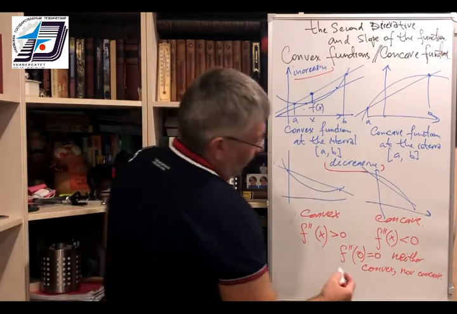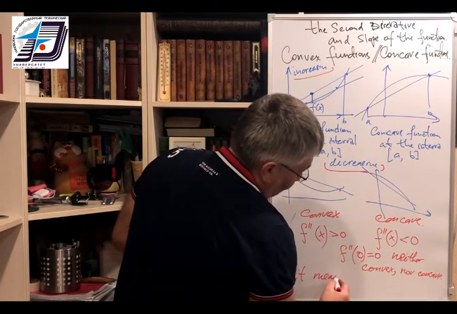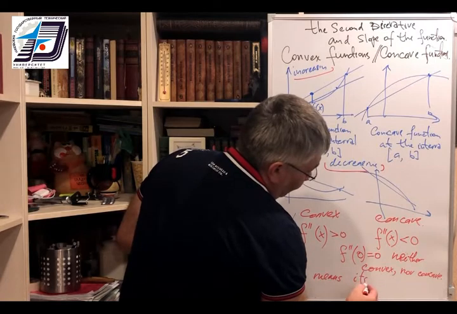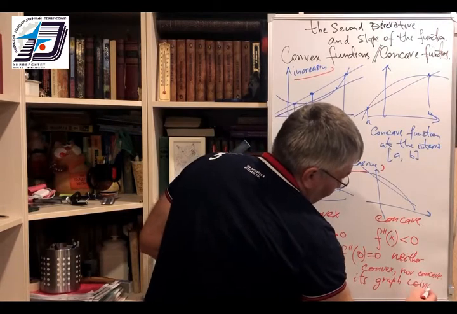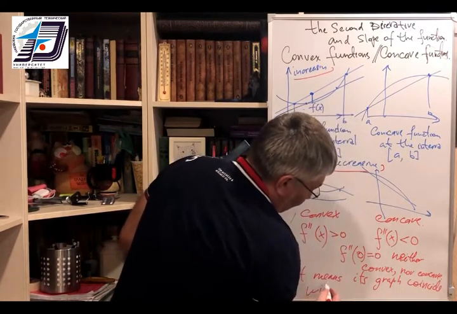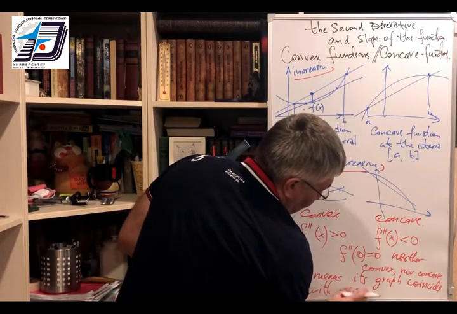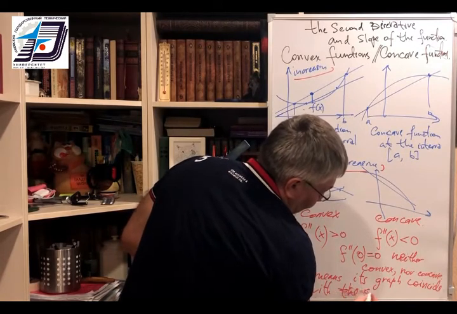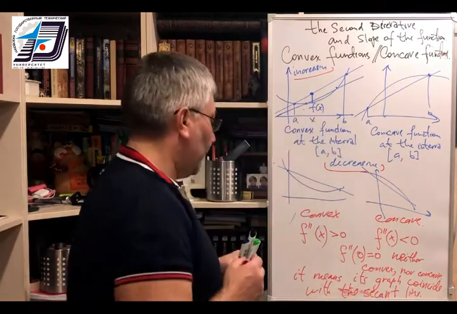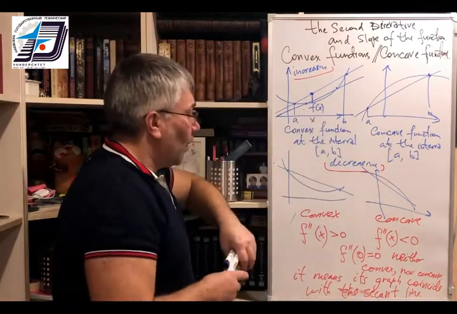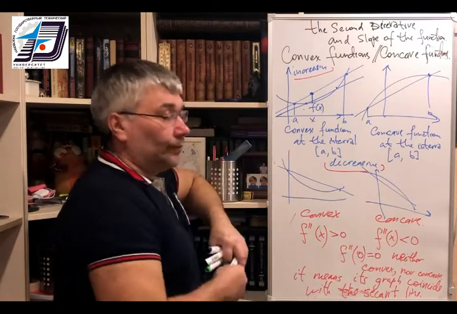It means that its graph coincides with the secant line. How does it happen? How do you think? Why does a convex function have a positive second derivative and a concave function a negative one? How do you think?